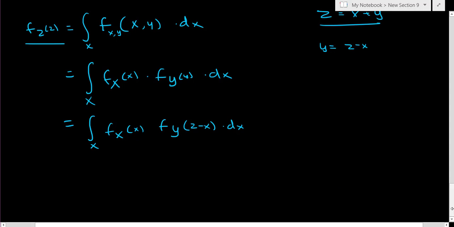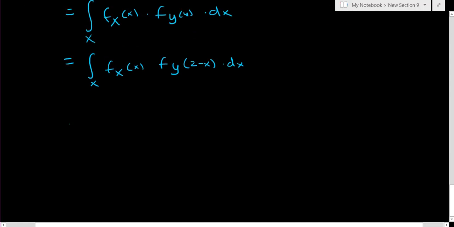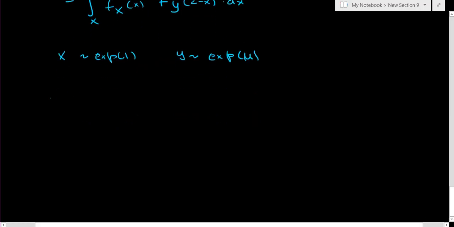Let us discuss a case where x follows an exponential lambda distribution and y follows an exponential mu distribution, very similar to the last case. This is almost parallel to that. Your density function for z would be equal to the integral over the entire range of x.